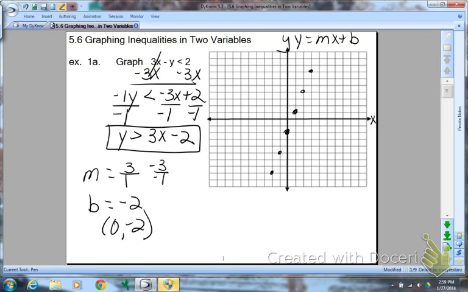Okay, now here's some new stuff. If it's a greater than or a less than, our line will be a dotted line. If we have a greater than or equal to or a less than or equal to, it will be a solid line.